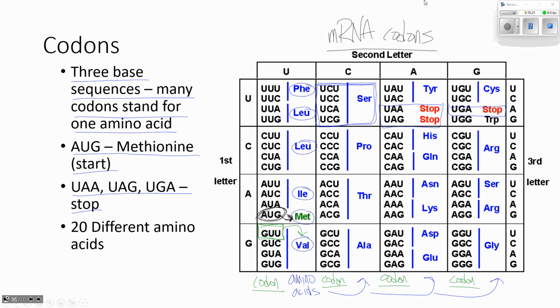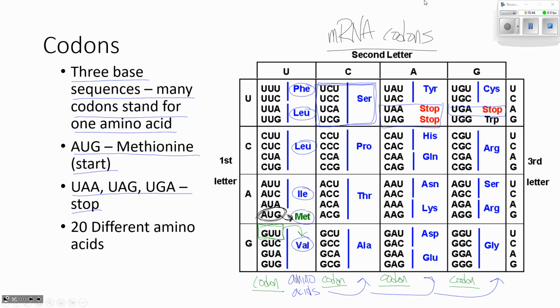You can think about this in a couple of different ways, but what's most important to recognize here is, just like all the other stuff we've been talking about for the last several days, there's no conductor. This is not planned. There isn't somebody orchestrating all of this stuff. It's not that somebody said, oh, hey, let's make a code where we can have 64 different possibilities, but only use 20 of them.